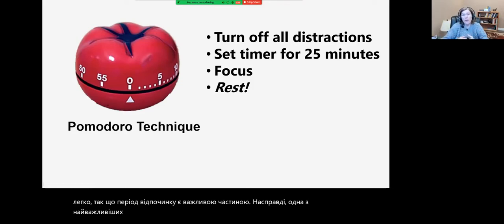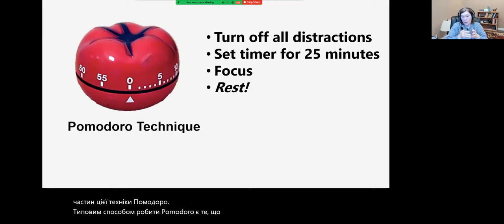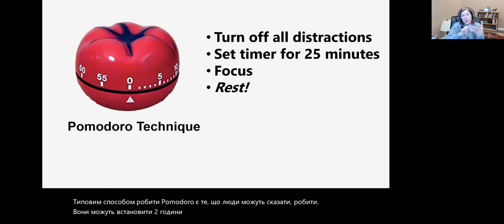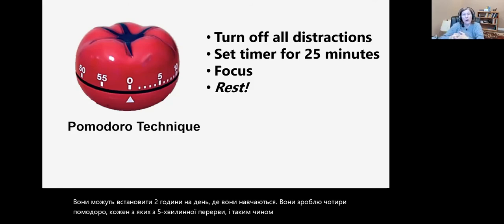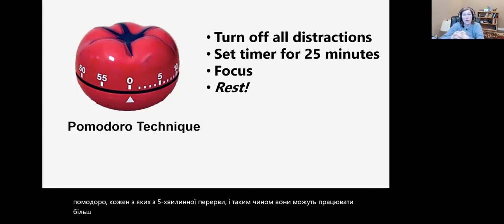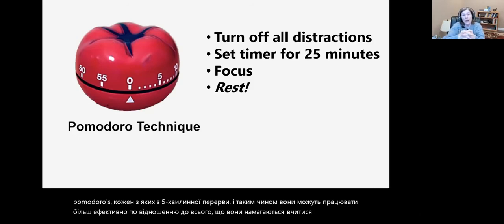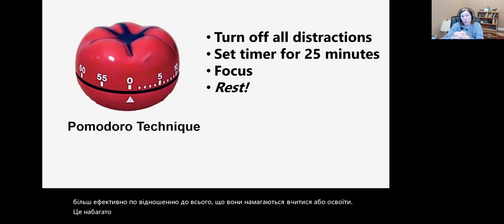A typical way of doing the Pomodoro is that people might set 2 hours in a day where they're studying. They'll do 4 Pomodoros, each one with a 5-minute break. And in that way, they can work more effectively towards whatever they are trying to learn or master. It's much more important to set up a good process for learning than a good product for learning.